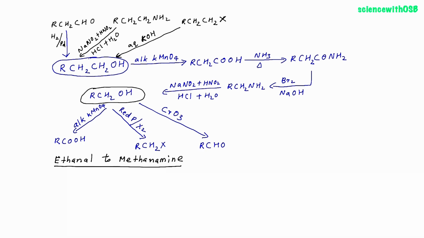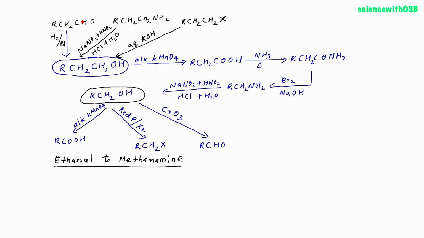One last example. Ethanal to methanamine. Okay, ethanal has 2 carbon. It is an aldehyde. Methanamine is amine but with 1 carbon. Understand, right? Functional groups are different, but you can see that the product contains 1 carbon less than the reactant. So you can use the lower homologue trick. Okay, starting with aldehyde, right?